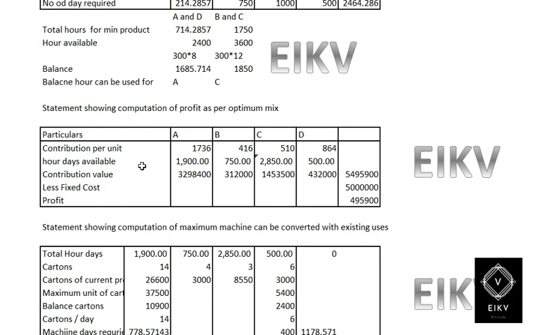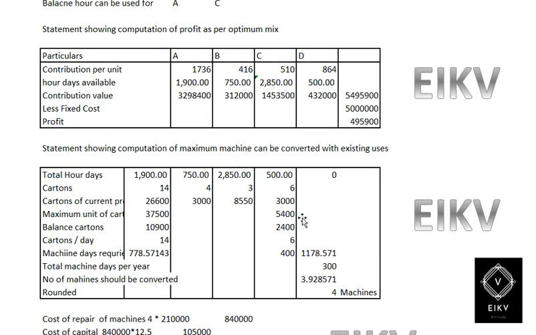Then we have our days available: 1900, 750, 2850 and 500. Contribution value is obtained when we multiply contribution per unit by days available, and after deducting the fixed cost of 50 lakhs, you will get a profit of 4,95,000.